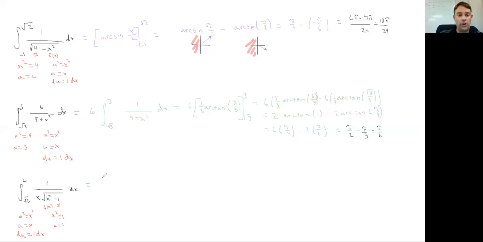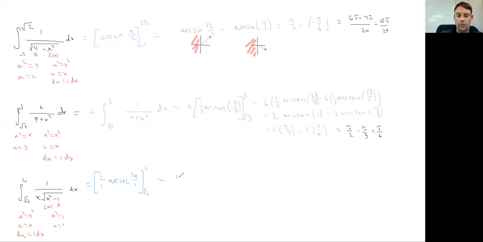So if we integrate it, this is an arcsecant, so 1 over a. So 1 over 1. Arcsecant of the absolute value of u all over 1. And then I'm going from root 2 to 2.